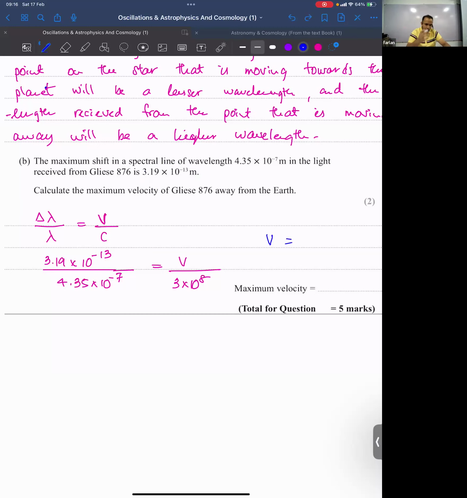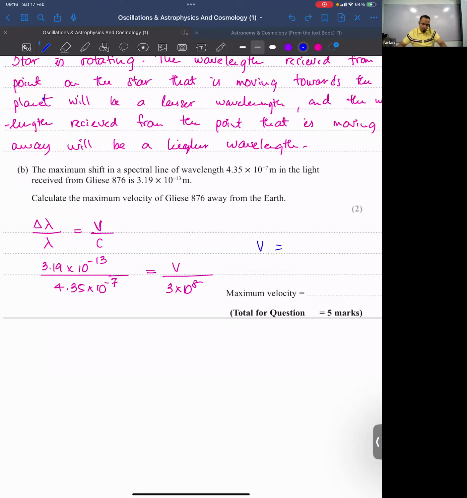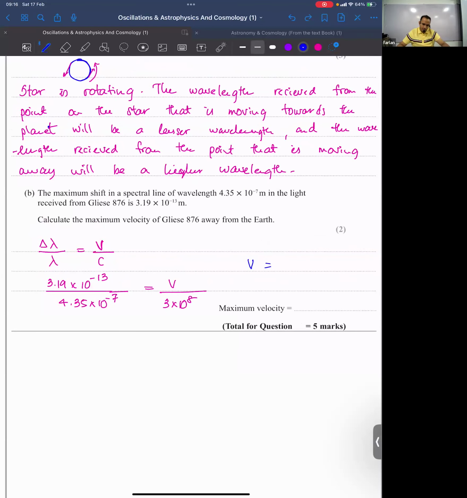So what's that word? Which one? After is. No, after that is. Let's see. 220.